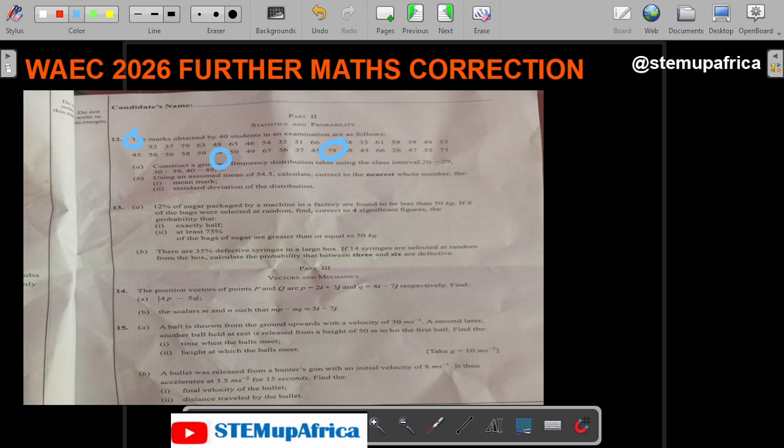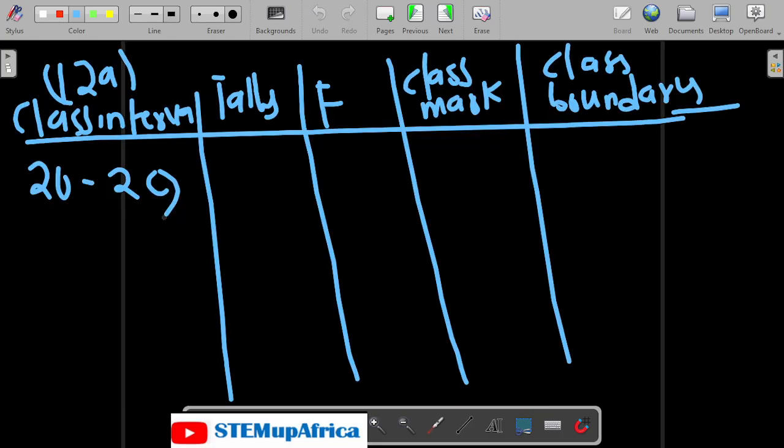Here's 3. And here is 4. We have 4 numbers that fall between 20 to 29. So my tally will be 1, 2, 3, 4. That is 4. Then we now have 30 to 39.